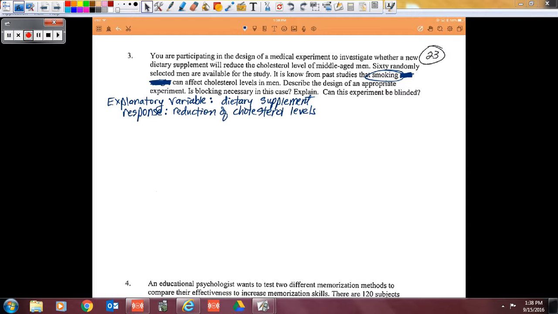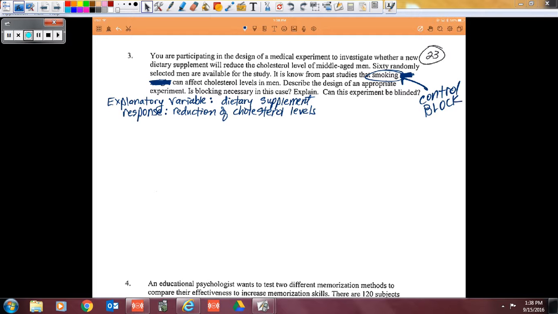So what happens if just by randomness you ended up with a bunch of smokers in one group and not a bunch of smokers in the other? Then you couldn't tell if it was smokers because they're smoking or not that made them do better. So we need to control the smoking. And how are we going to control it? We are going to block to control.